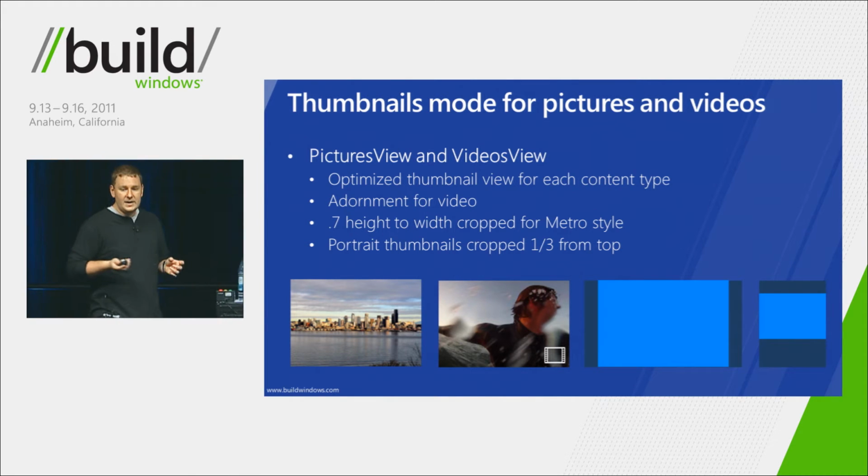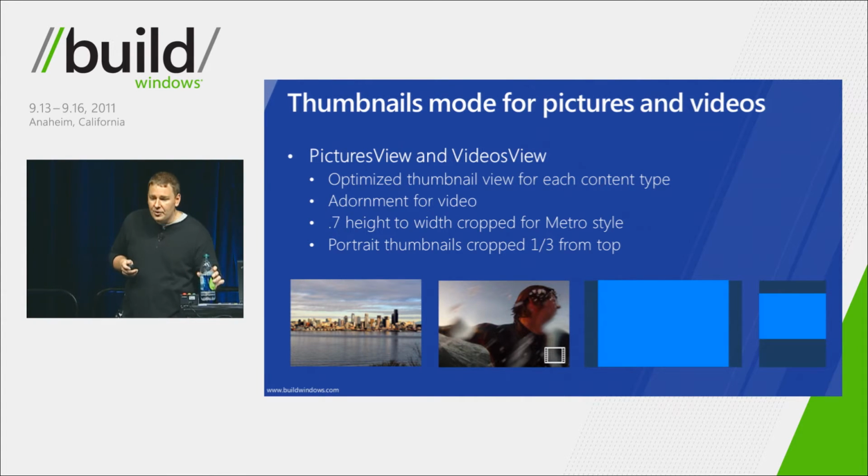Now there is one key difference between videos and pictures, and you can actually see it up on the slide here. That first picture to the left is a picture, and the one to the right is a video. And that has a small adornment. One of the things that's pretty common in the media space is apps that work over both photos and videos. So we make it really easy to distinguish what's a photo and what's a video.